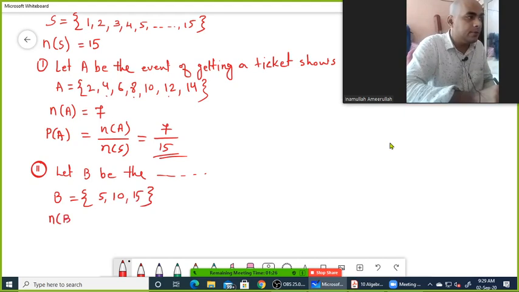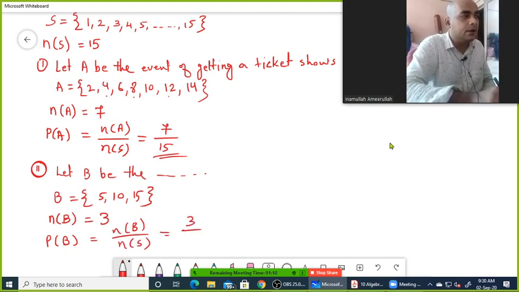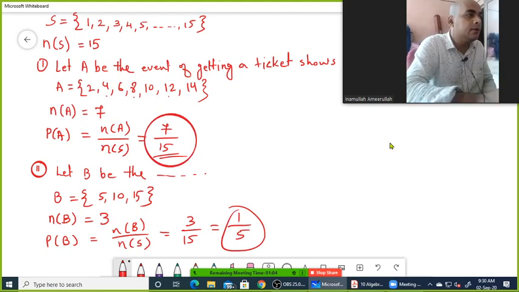Number of B is 3, and probability of B is number of B upon number of sample space. So number of B is 3 and number of sample space is 15, so 1 by 5 is your probability.